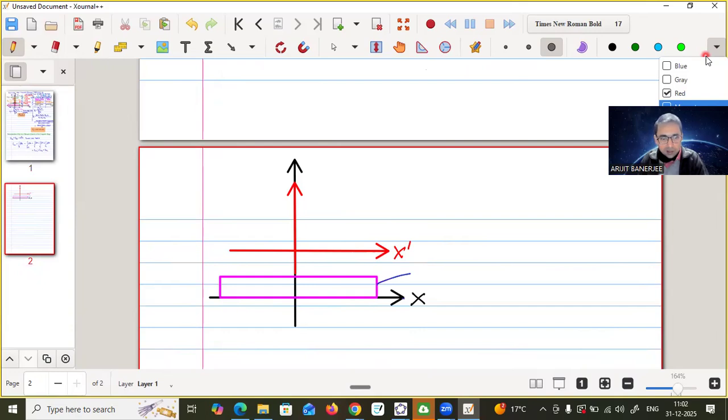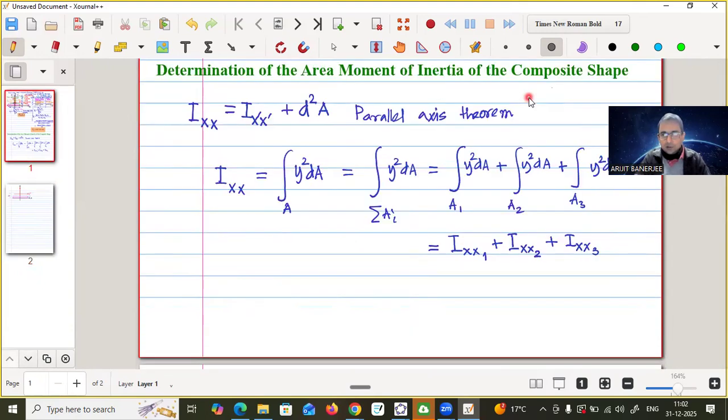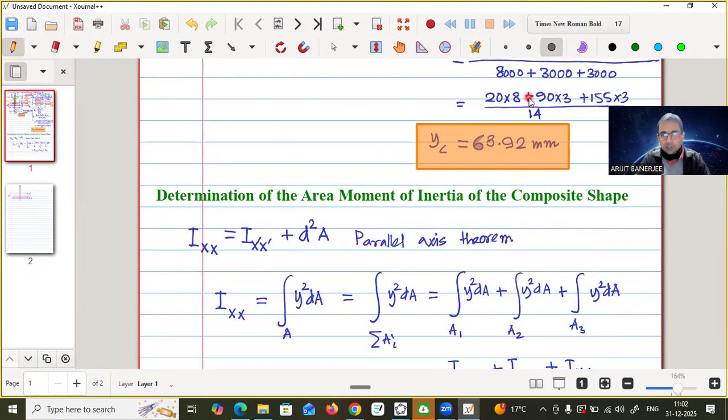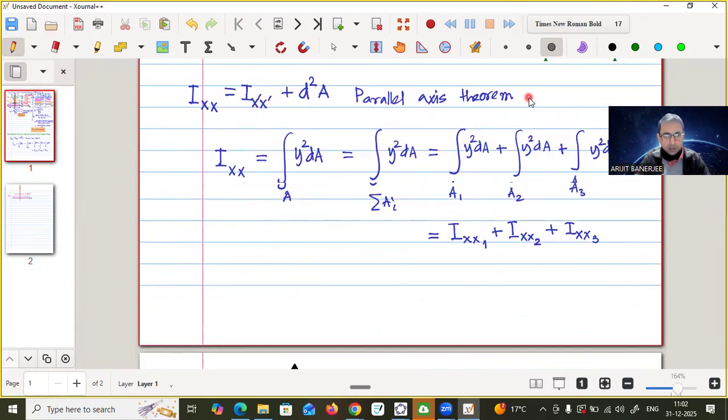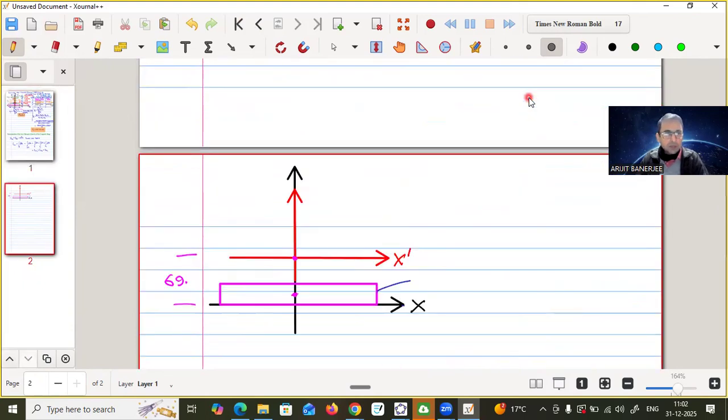And this is here. So what is the distance? 63.92 mm.